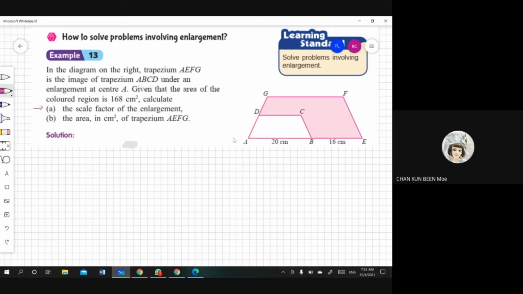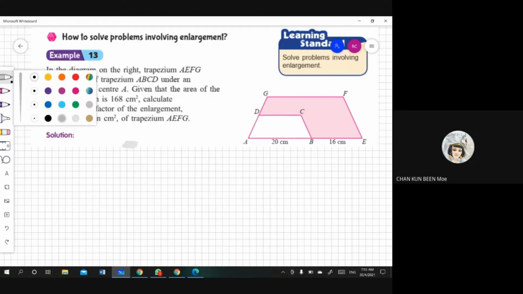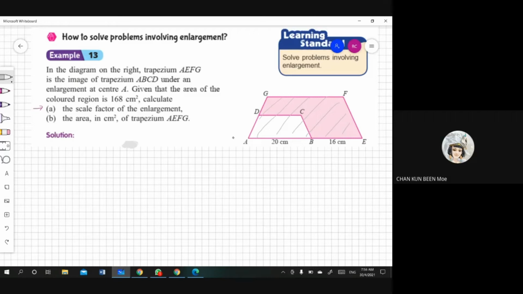So I'll write down first. Let me use a lighter color. This is the image.